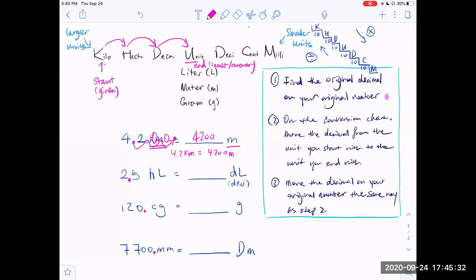Okay, and this makes sense because if you were to think about this as 10 times 10 times 10, kilo is 1,000 times larger than the regular meter. So if you do 4.2 times something that's 1,000 times larger, you're going to end up with 4,200 meter, because meter is a 1,000 times smaller unit.